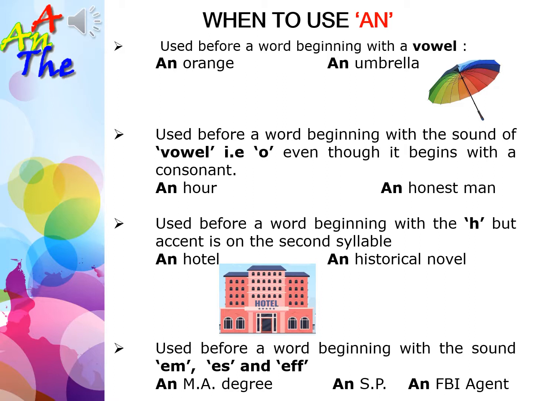Now let us understand when to use an. I have taken down 4 rules for you. Let us see. An is used before a word beginning with a vowel. An orange, an umbrella. Okay. Second rule: an is used before a word beginning with the sound of a vowel, even though it begins with a consonant.